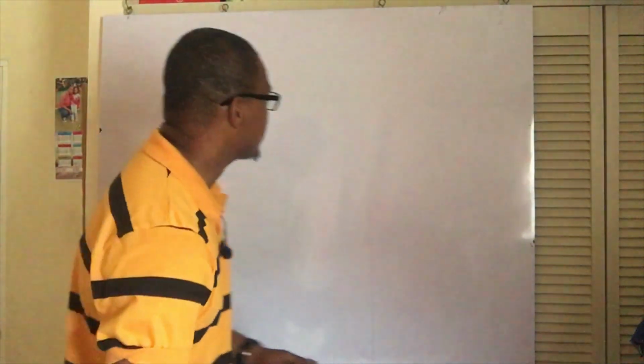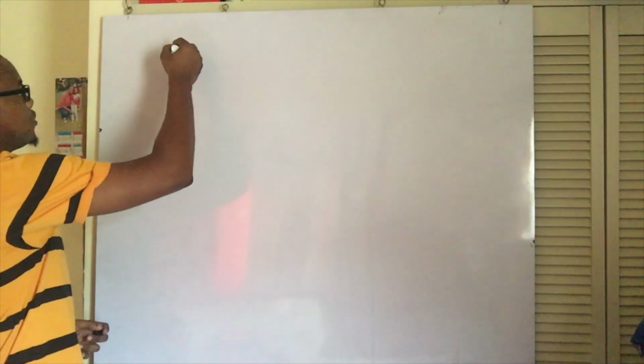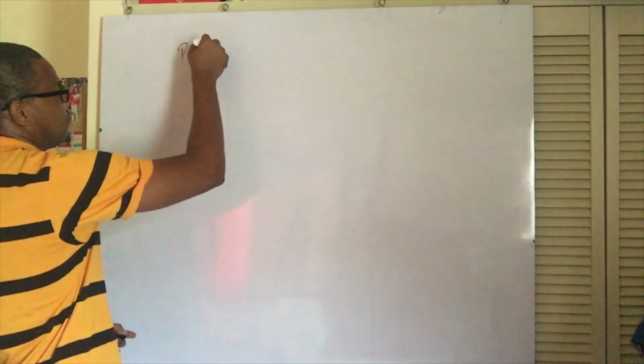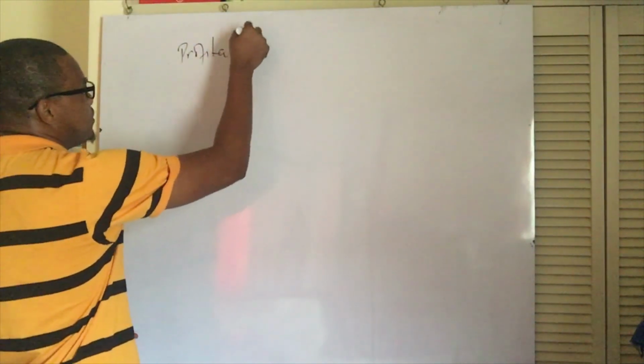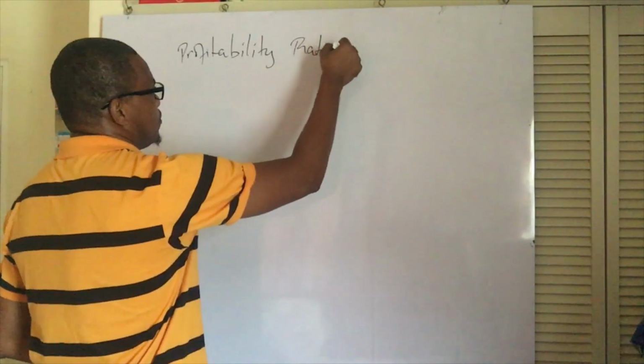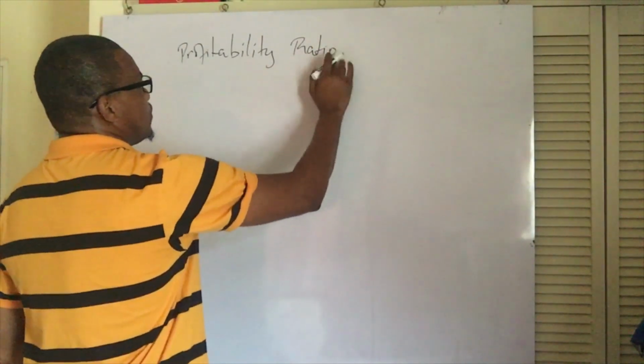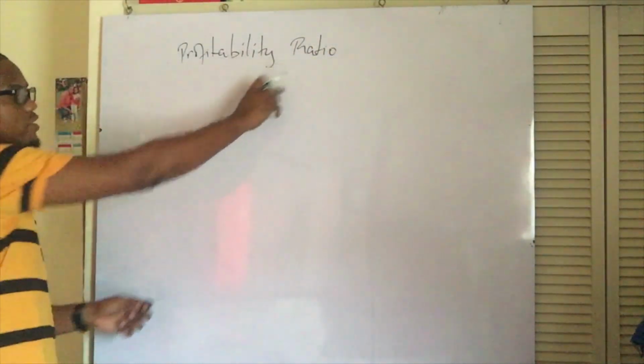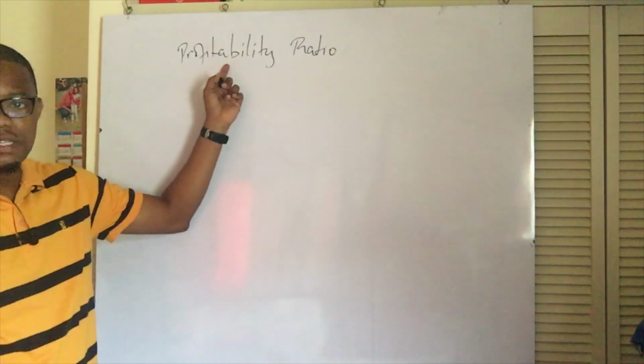Now, ladies and gentlemen, let's look at some of the concepts of accounting ratio. We have 2 types of ratios when we're talking about accounting ratios. We have the profitability ratio. These are the ratios that show how profitable the business is.